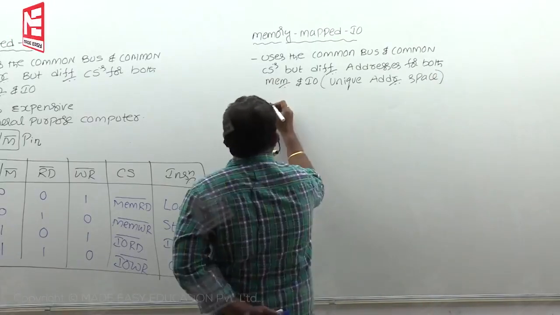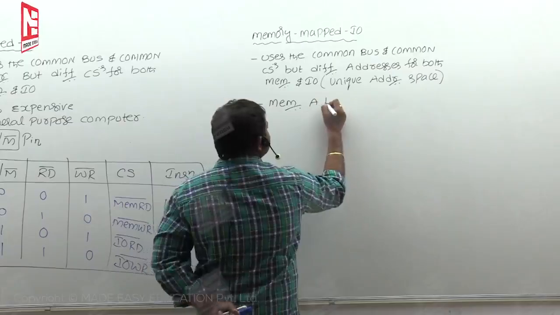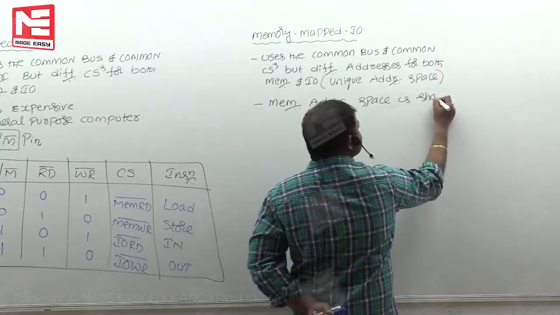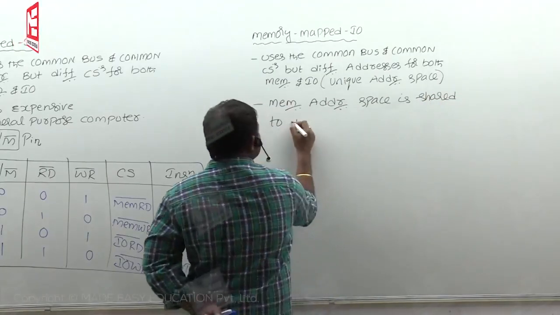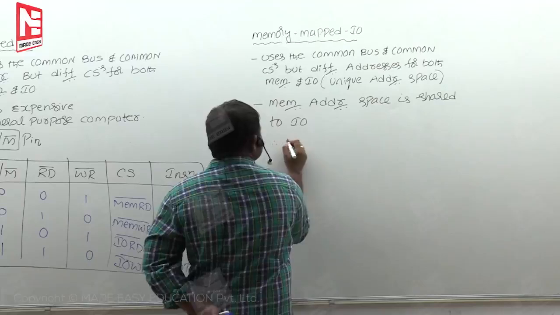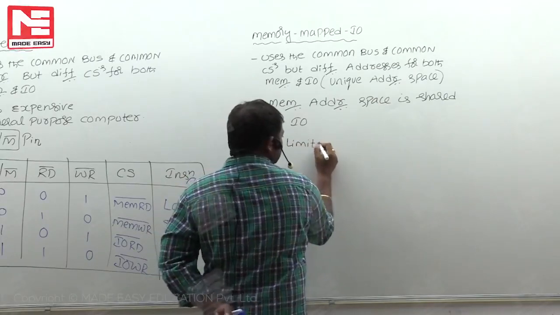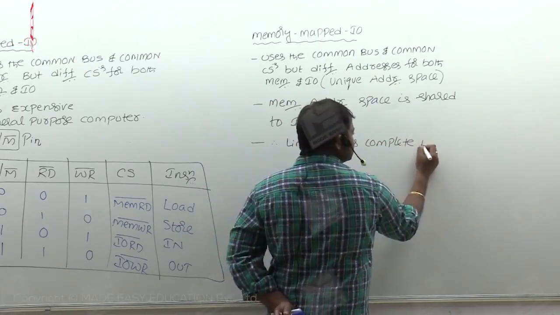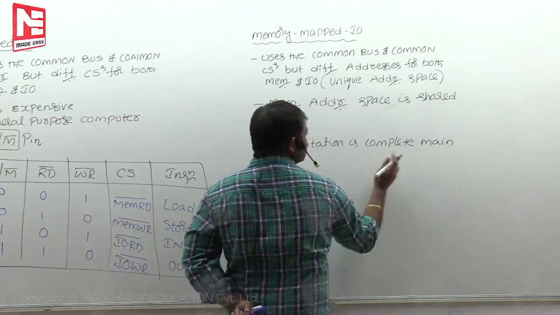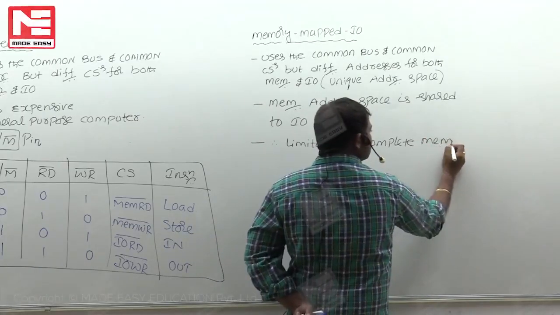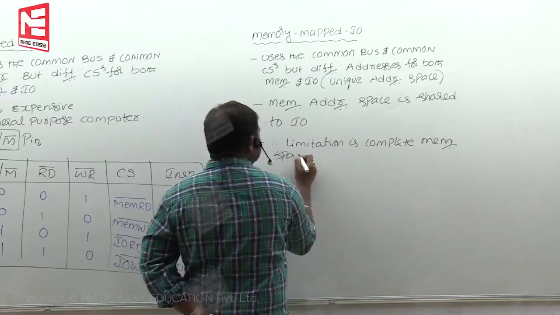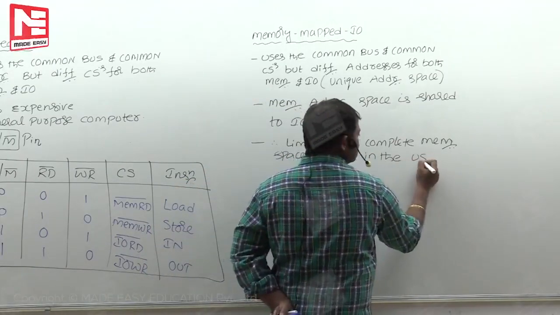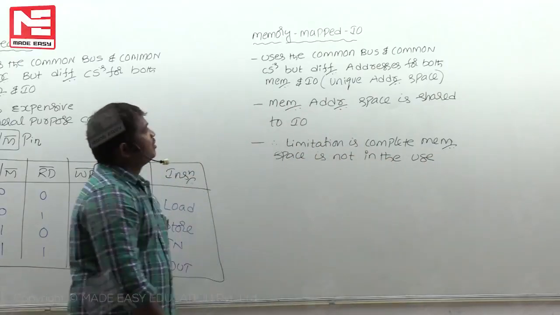In this configuration, memory address space is shared to IO. Therefore, the limitation is that the complete memory space is not in use. This is the limitation. Okay.